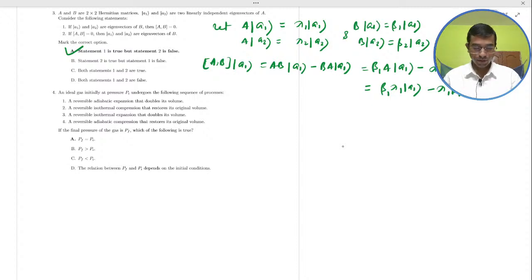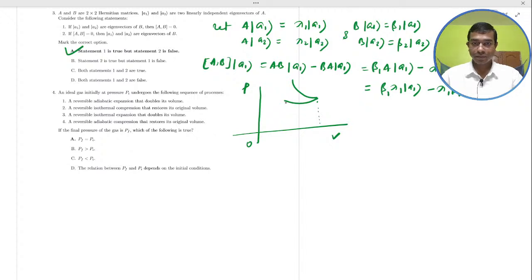This is from thermodynamics. Very conceptual question. I just draw a diagram. This is basically a PV diagram. This is the origin. Here this is V and 2V.